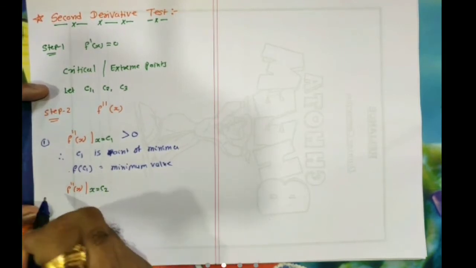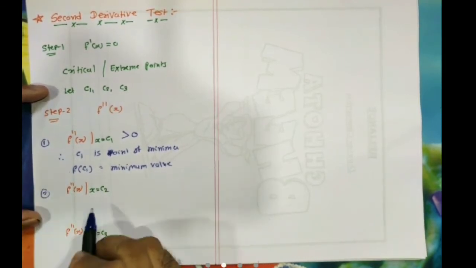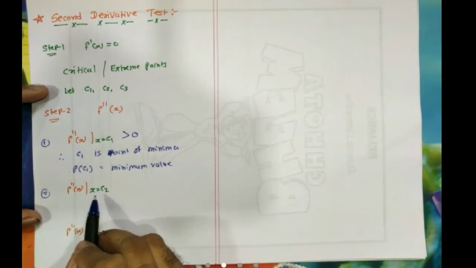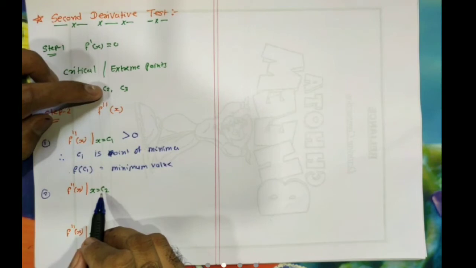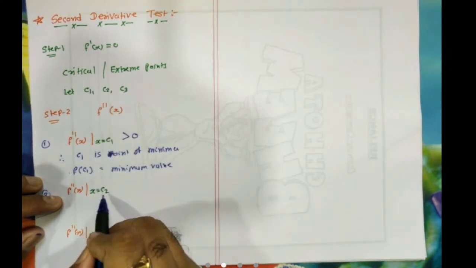Similarly, in case number 2, we find the value of the second order derivative at x equal to c2, because we have to identify whether the second critical point is a point of maxima or minima.